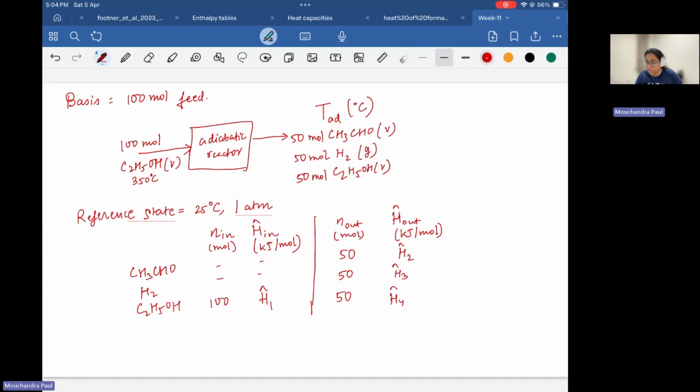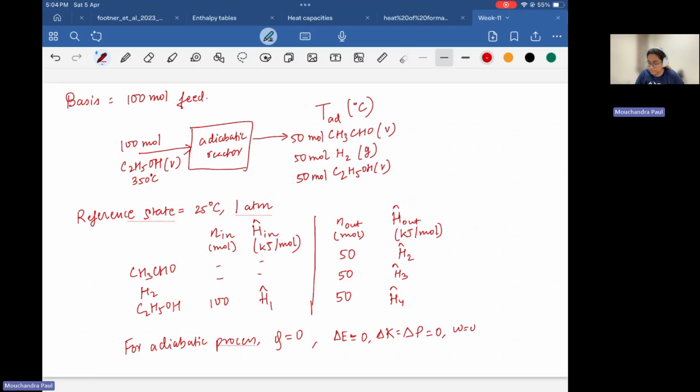Since this is an adiabatic process, Q is equal to 0. And from the energy balance equation, under the condition where steady state is there, meaning no accumulation, no potential energy, no change in kinetic energy, all are 0.